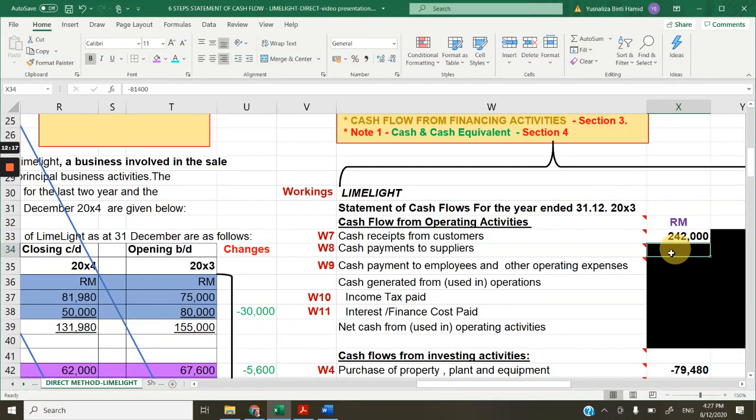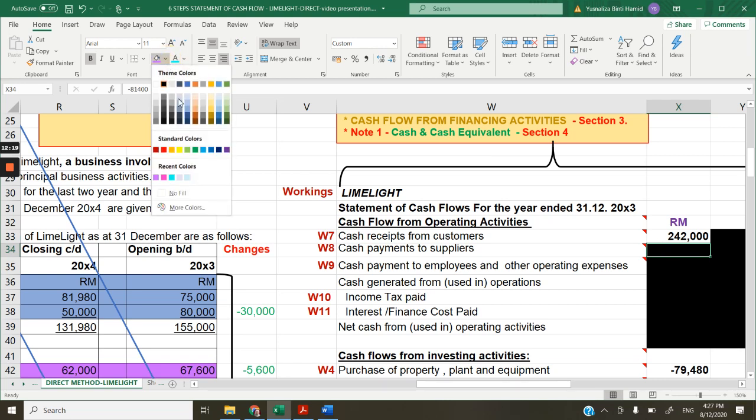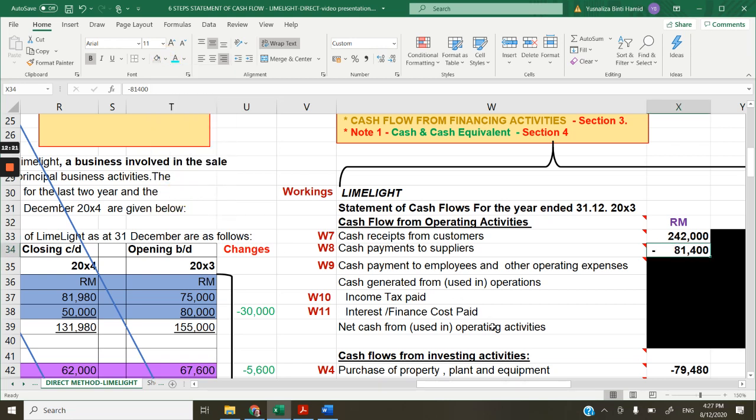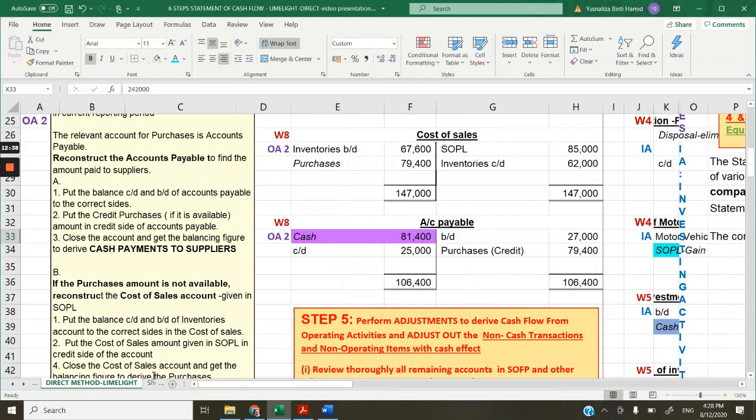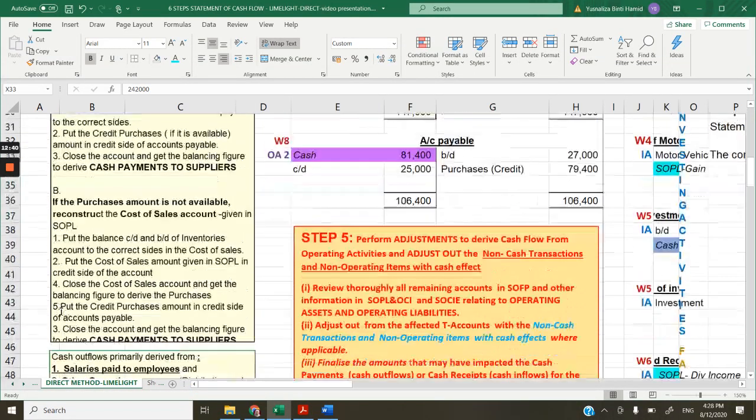You transfer that as an outflow actually. It is not an inflow because you spend by crediting your bank account and debiting your accounts payable. This one is an inflow. 242 is an inflow. Why? Because you debit your bank account and you credit your accounts receivable. That was the total that you debit and credit throughout the year.